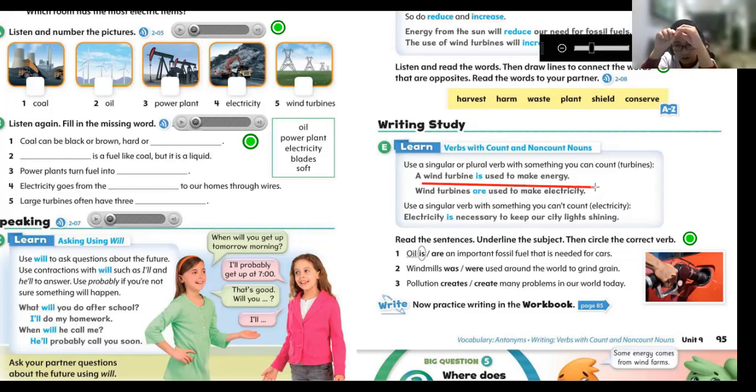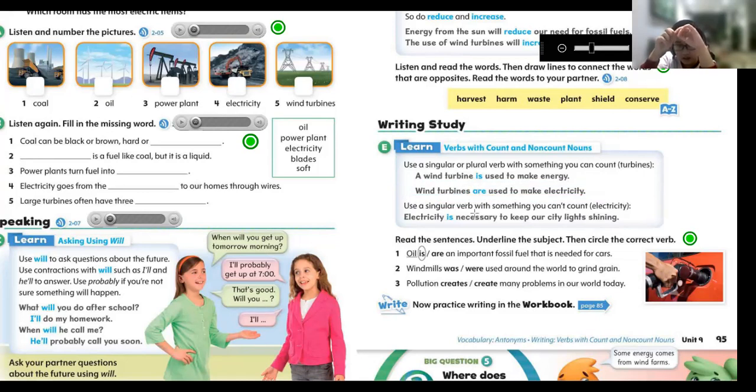But when you write it this way, wind turbines are used to make electricity, it doesn't state if it's 2, 3, or 4. So it's plural, so you will use are. Is it clear?